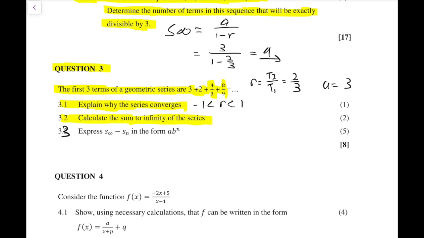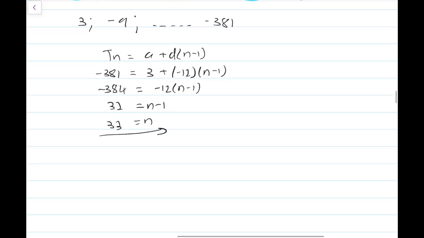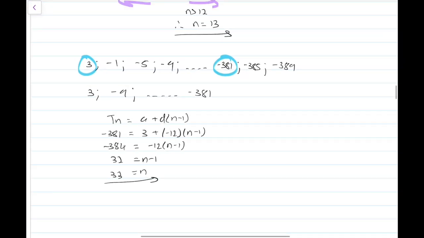Now for the 3.3, it says express sum to infinity minus Sn in the form of ab to the power of n. Wow. It's been a long time since I've seen something like this, but it's a really good question. So let me take this and let me use this space now.